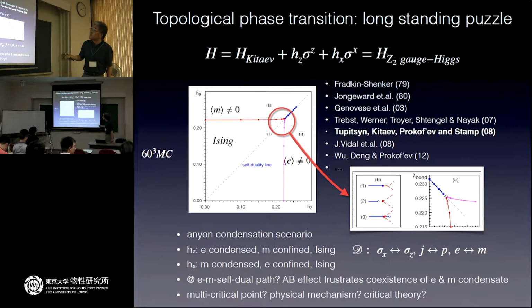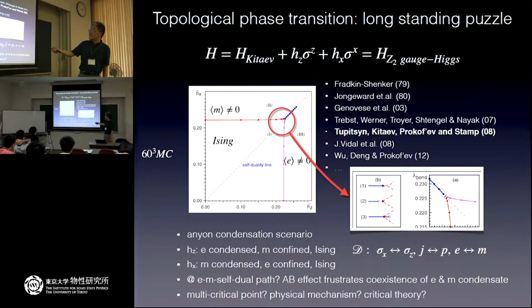The main result is about this phase diagram for this quantum model. When you look at this phase diagram around the horizontal direction, this is the HZ field. When you increase the HZ field, you will have a quantum phase transition.